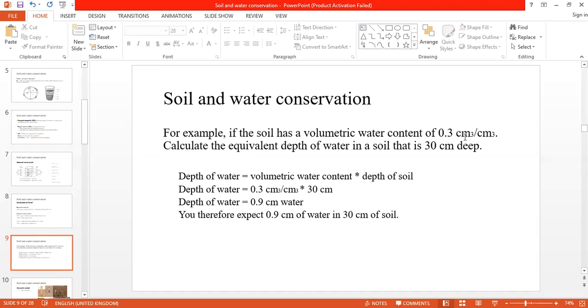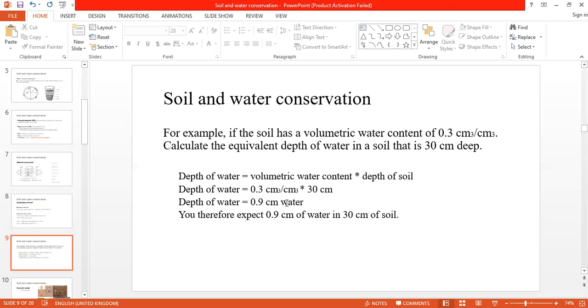So if we have 30 centimeters of soil, to get the depth of water, we simply multiply this ratio by the 30 centimeter depth of soil. When we multiply the two, we have 0.9 centimeters of water. So in that 30 centimeter depth, 0.9 centimeters is water.